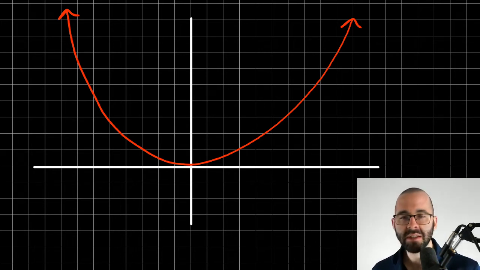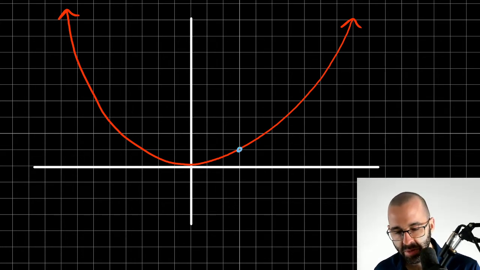And we can approximate the slope at different places by looking at 2 different points on the graph and drawing a line through them.